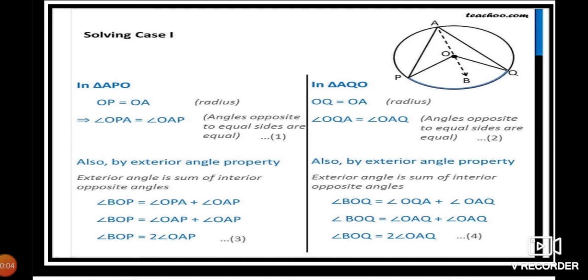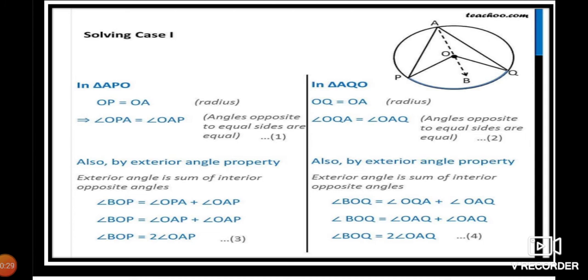As it is similar, whatever LHS side triangle we considered already, now we can consider the RHS side triangle AQO. So OQ equals OA, and angle OQA equals angle OAQ, since angles opposite to equal sides are equal.